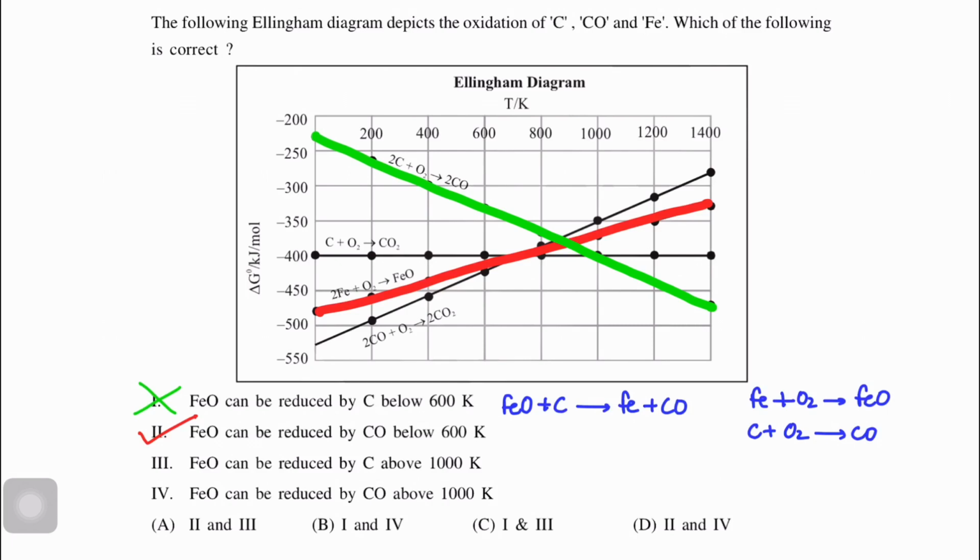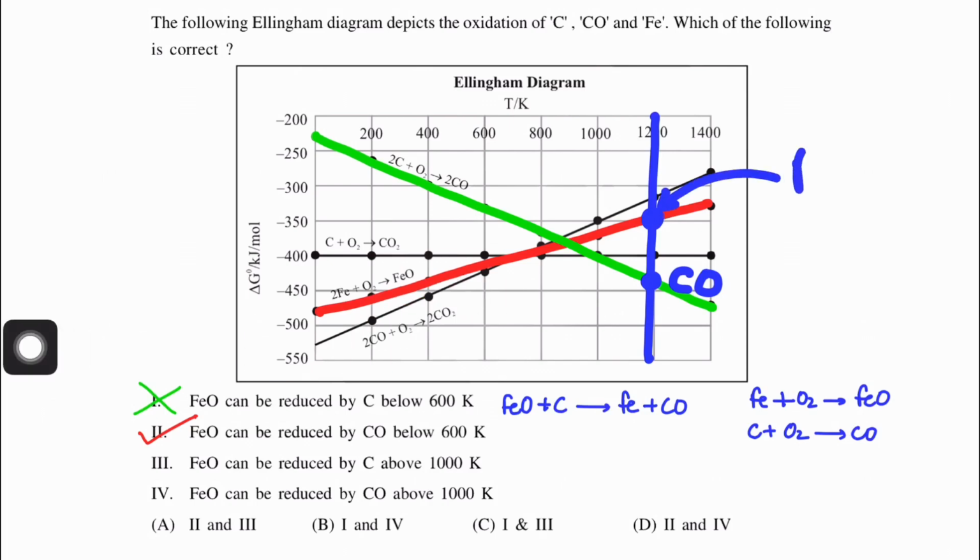Above 1000 Kelvin, I can take any temperature above 1000 Kelvin. Let's take 1200 Kelvin. Now these are the 2 points. This point will give you the delta G naught value of CO at 1200 Kelvin, and this point will give you the delta G naught value of FeO at 1200 Kelvin. It is very clear that the delta G naught value of CO is more negative because it is lying below, FeO is lying above.